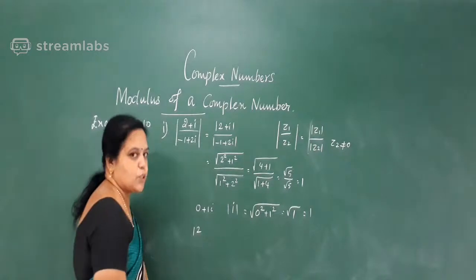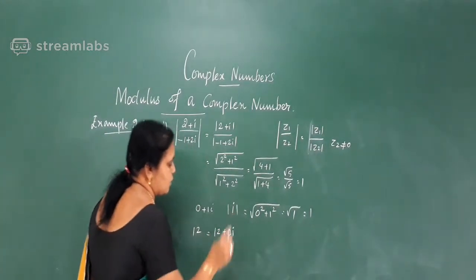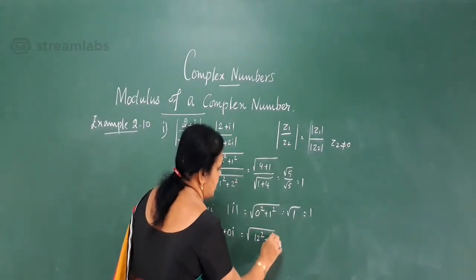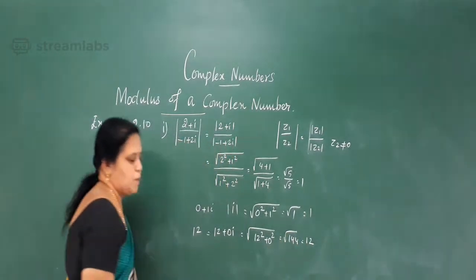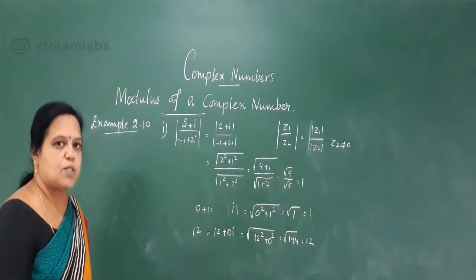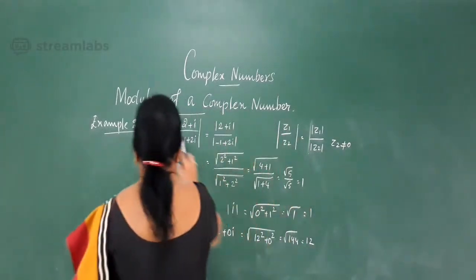Next, we are getting 12. Here there is no imaginary part, so 0i: root of 12 square plus 0 square, root of 144 is equal to 12. Like this, suppose if you are getting only a real or imaginary part, for that also we can easily find the modulus of a complex number.